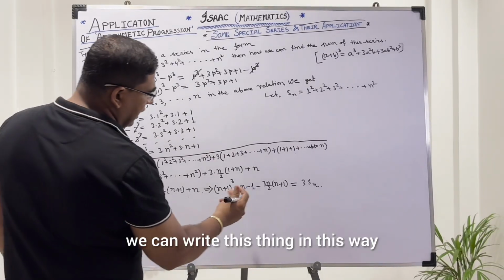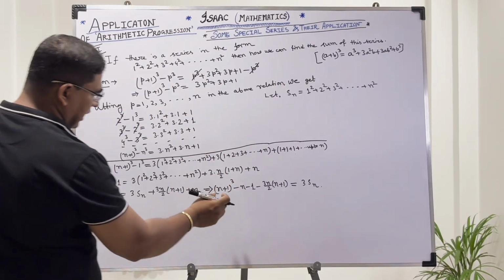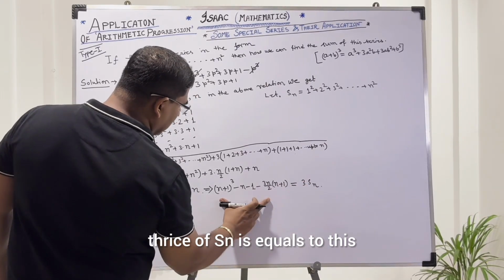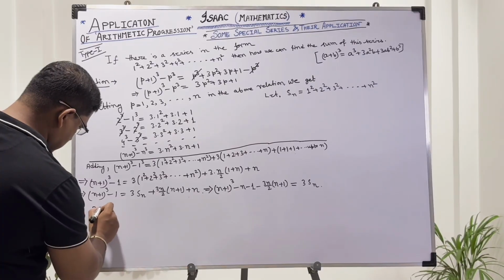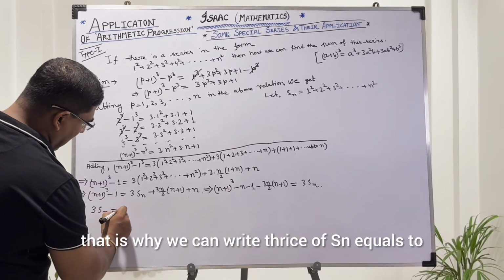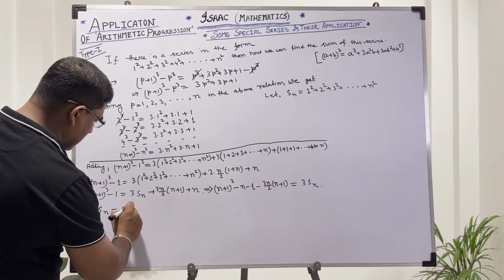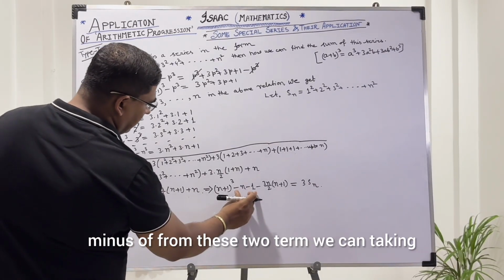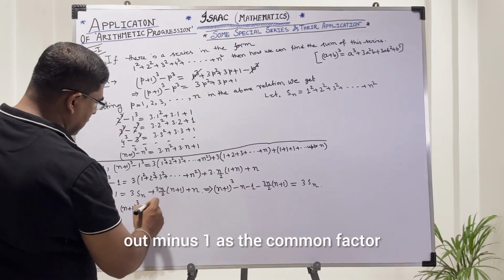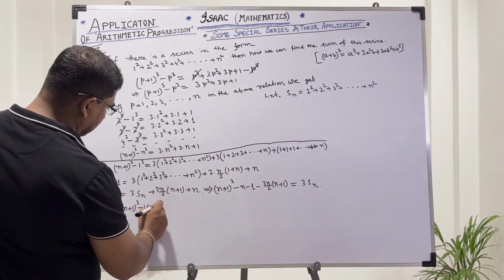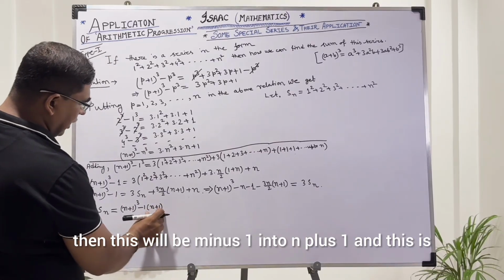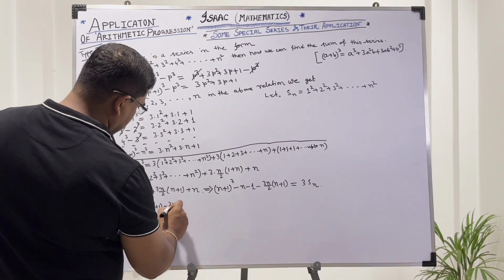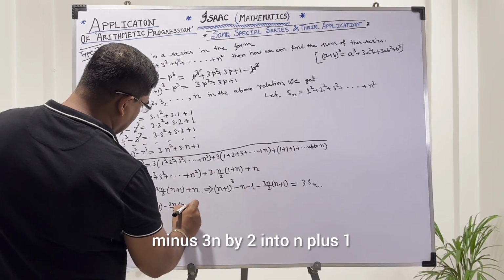Now, we can write this in this way. That is, thrice of Sn is equal to this. So we can write thrice of Sn equals (n plus 1) whole cube minus, from these two terms, taking out minus 1 as the common factor, then this will be minus 1 into (n plus 1), and this is minus 3n by 2 into (n plus 1).